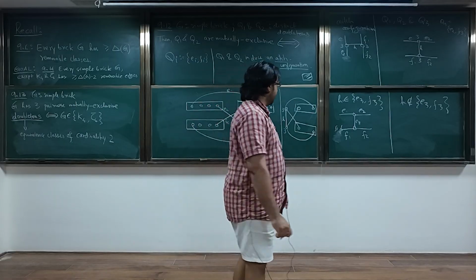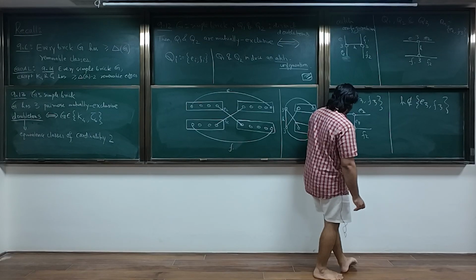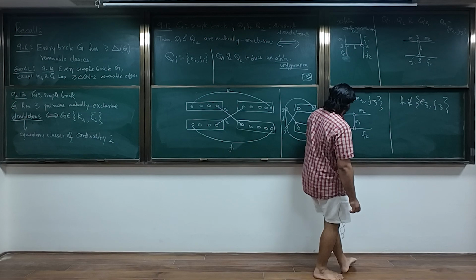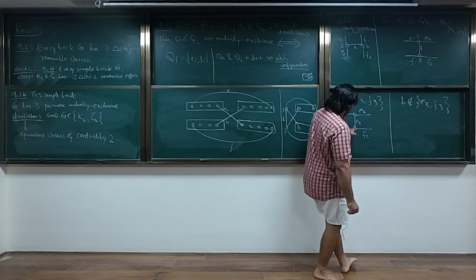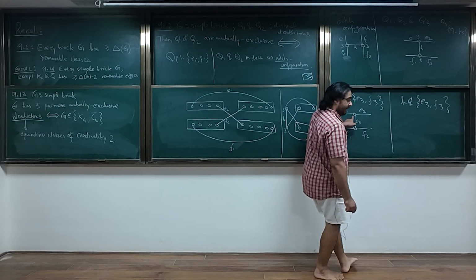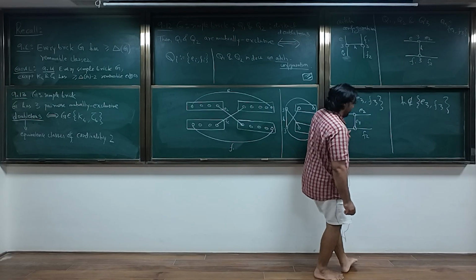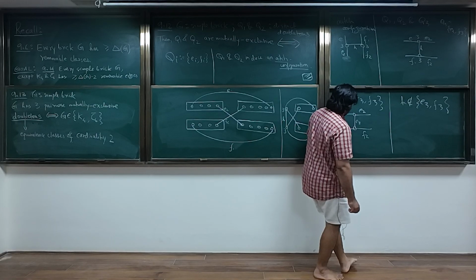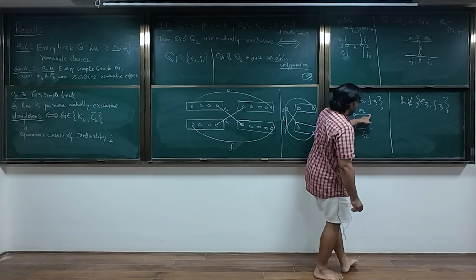Now let's look at 2 and 3. F3 should have a common end with E2 or with E3. With E3 it cannot have a common end because I already have 3 edges here and I already have 3 edges here. F3 is an edge that is none of these 5 edges. Therefore, the common end of F3 with E2 has to be this vertex.